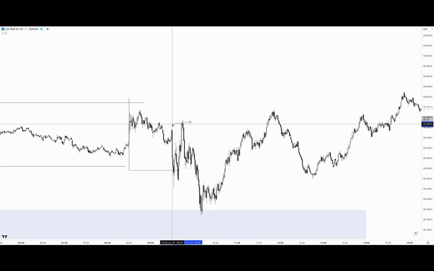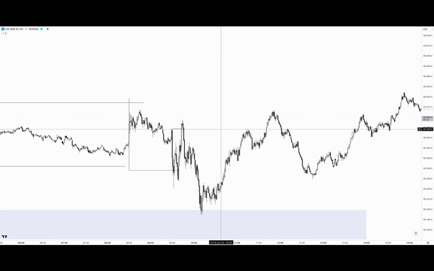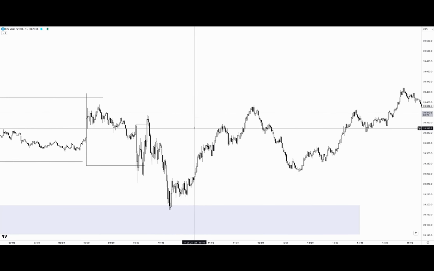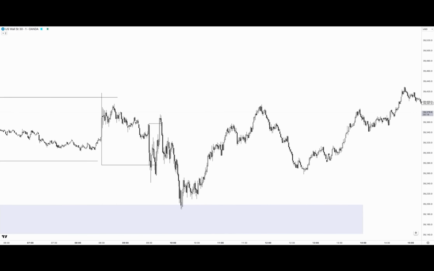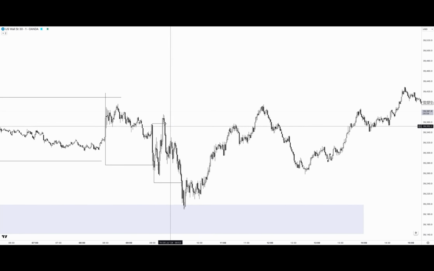Technically, I had it right here. You got your BOS to the upside, and then the market moves lower. Okay, so I still have to wait, because I'm not allowed to enter unless the high goes, right? Because then I will be trading with structure and it's not probable. Okay. Market comes lower, traps buyers again.